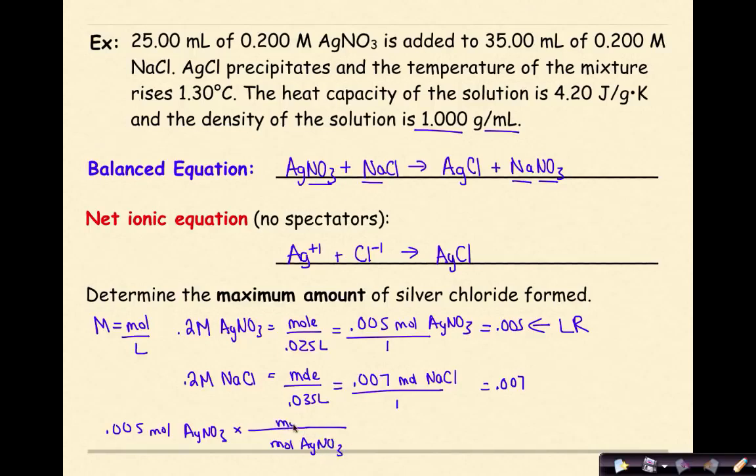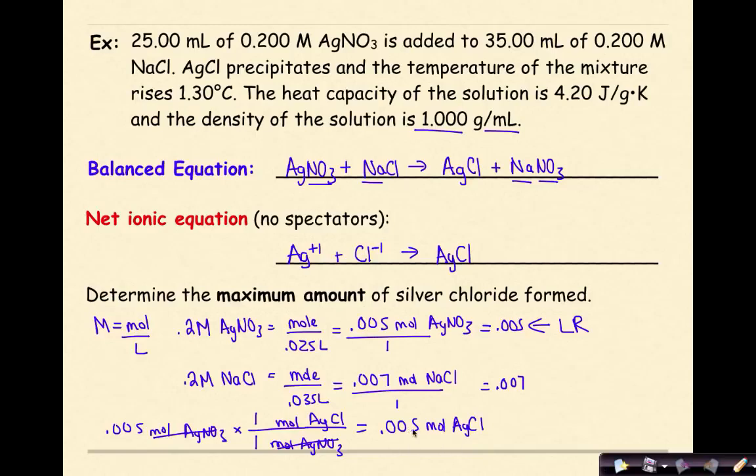I want moles of silver chloride, so AgCl, and I know that my coefficients here, because this is already balanced, is going to be 1 here and 1 here. And if I work this out with moles of AgNO3 canceling and multiplying through, I'm going to have 0.005 moles of AgCl.